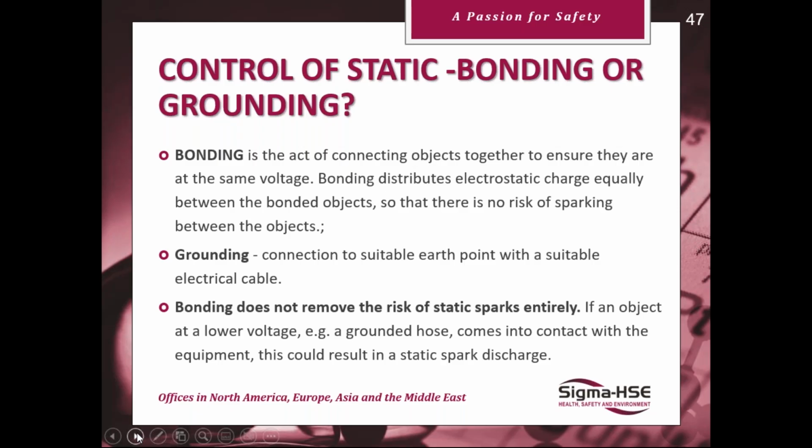If an object at a lower voltage, e.g. a grounded hose, comes into contact with the equipment, you could get a static spark discharge. So the best way of doing it is to ensure in the system you have grounding. This is connection to a suitable earth point with a suitable checked and verified electric cable.